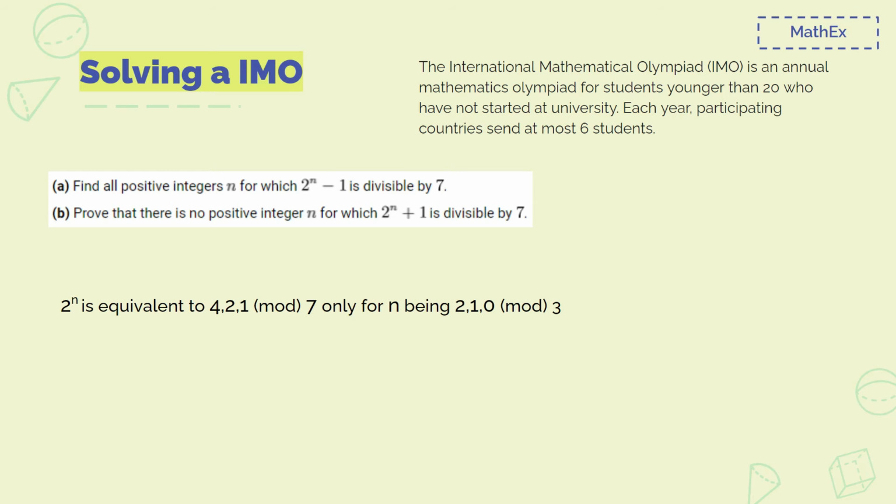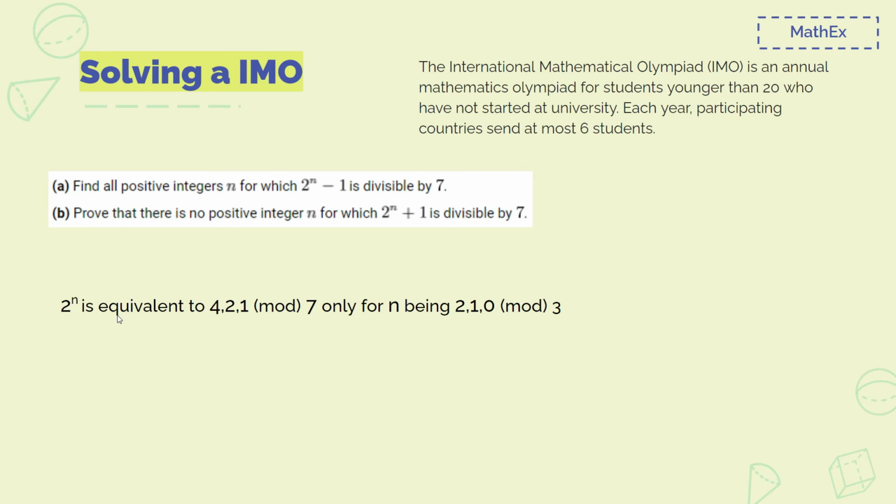Now, this is easy because how have we found these numbers 2, 1, 0 mod 3? We know that n is only divisible by 3 from our statement here. And we can prove this by testing a few values.